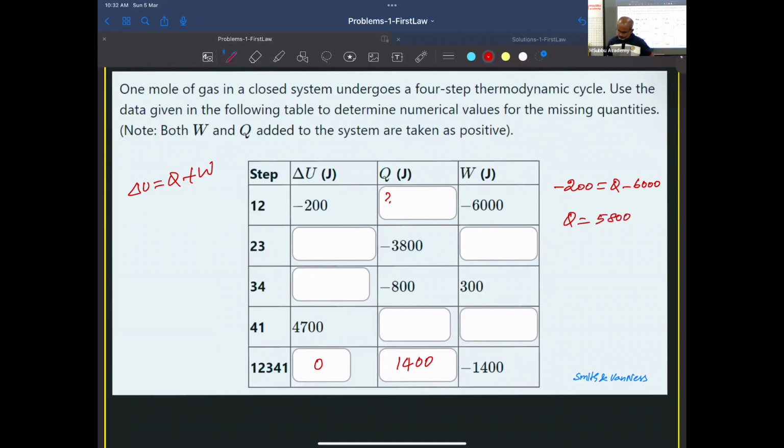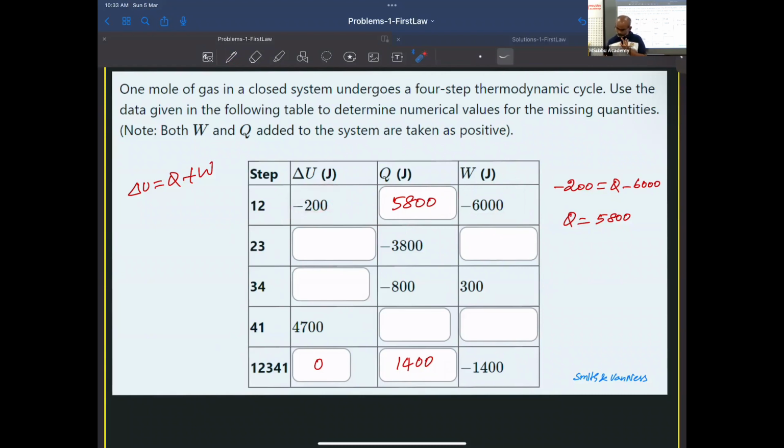Q for step 1 to 2 is 5800, because 5800 minus 6000 will give you minus 200. Q plus W gives the value of U.